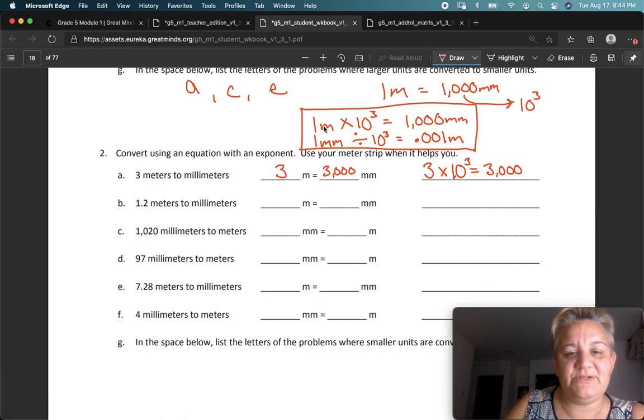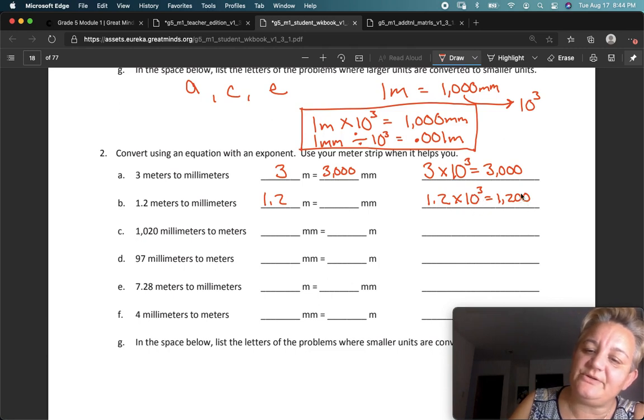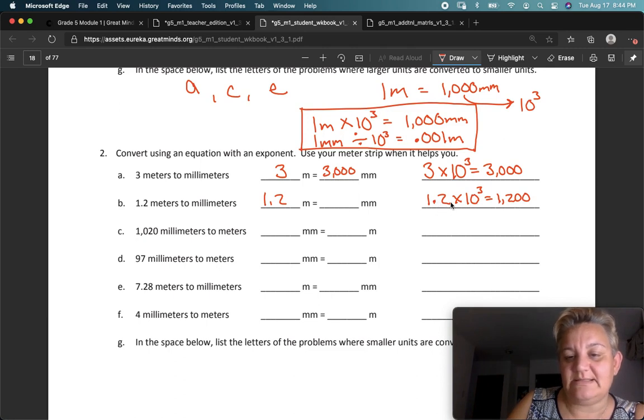Now I have 1.2 meters, so I'm going to use the same formula: 1.2 times 10 cubed equals 1,200 millimeters. Now you're going to tell me, but there are 3 zeros here and you only put 2 zeros here. Yes, but there's a decimal. So I had to move the decimal once, and then I had to add 2 more zeros to move the decimal 3 spaces. Okay, so 1,200.